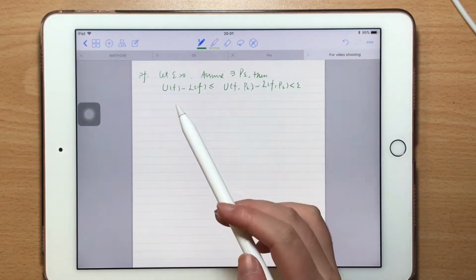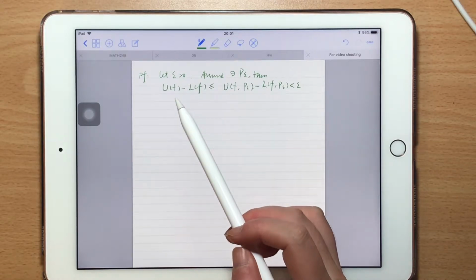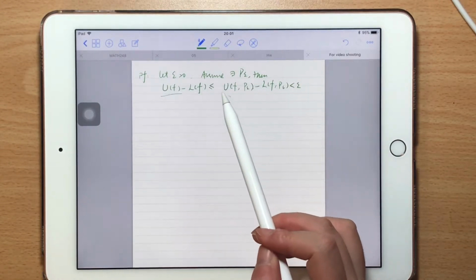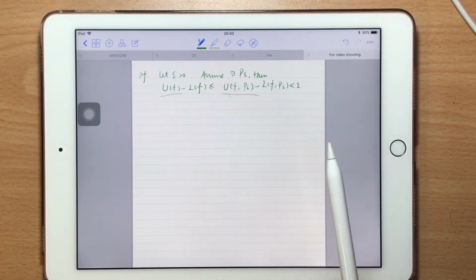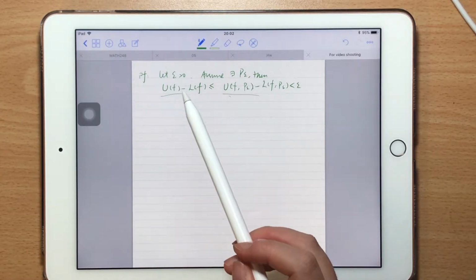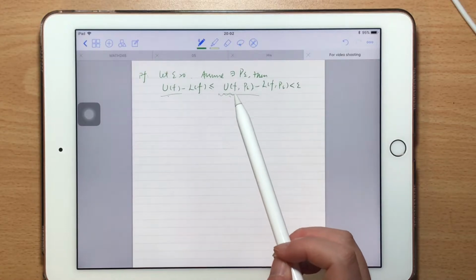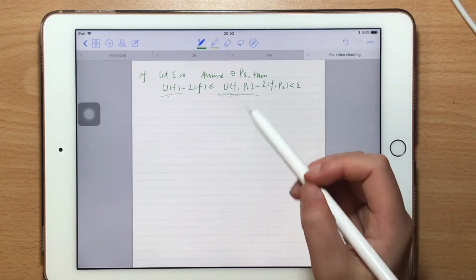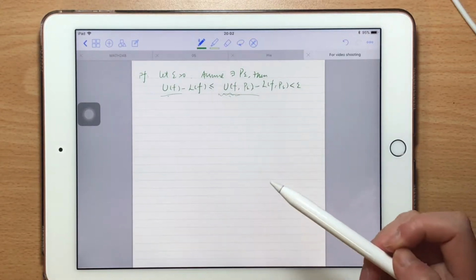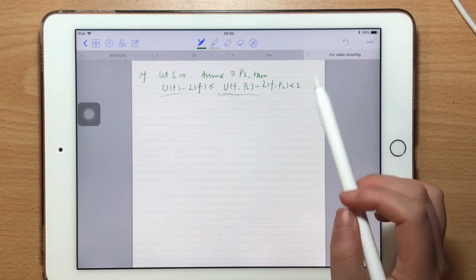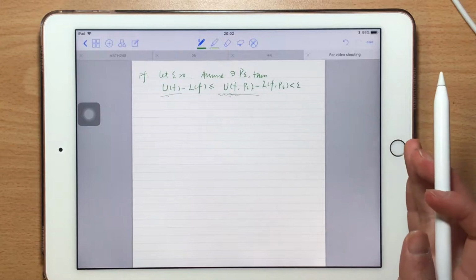because, well, UF is taking the infimum of UFP, so it will always be smaller or equal to UFP no matter what P epsilon you're choosing. And similarly, LF is always larger than LFP no matter what P epsilon you're choosing, right?